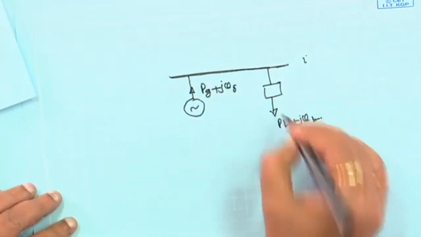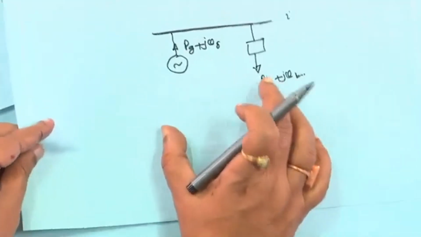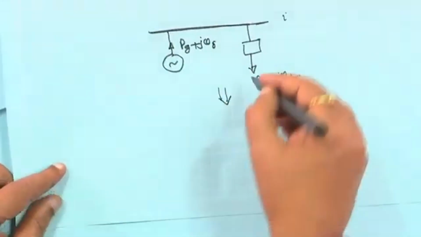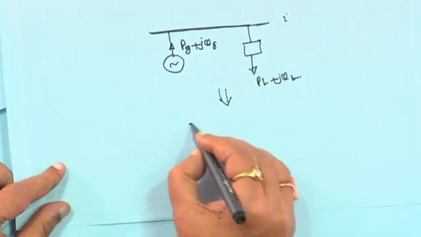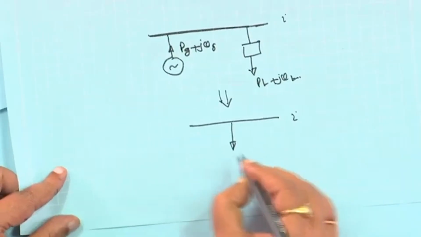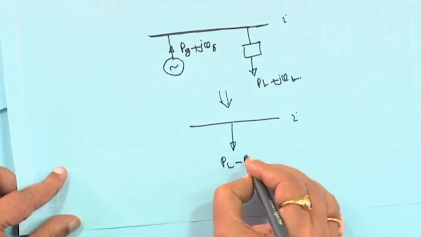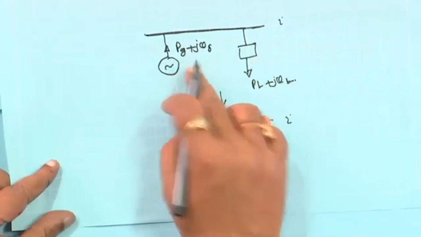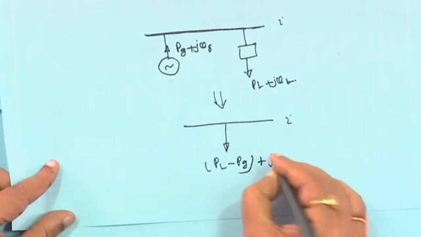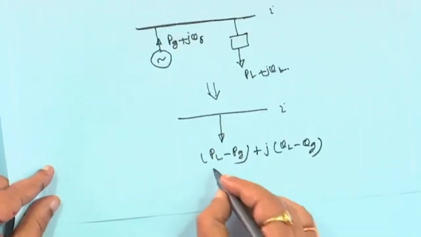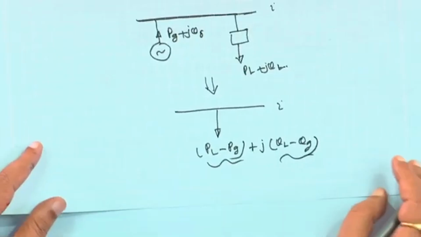The load is downward, the generation is upward. What will be the resultant? Taking the downward direction, it will be PL minus PG, because the generation is upward, plus j times QL minus QG, right.